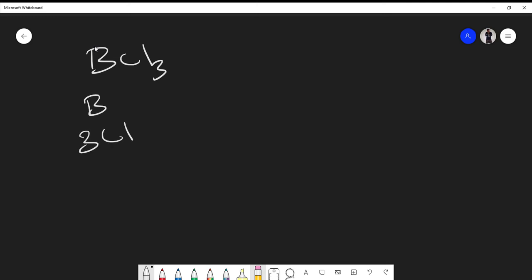Now look at the periodic table. How many valence electrons does boron have? It actually has 3 valence electrons. How many valence electrons does chlorine have? It's a halogen, just before the noble gases. How do we get to that point?